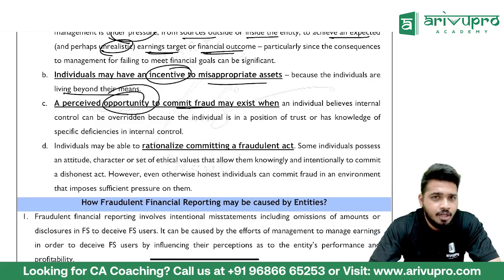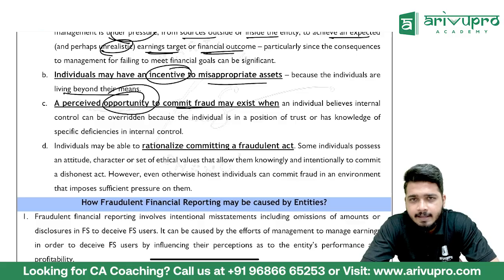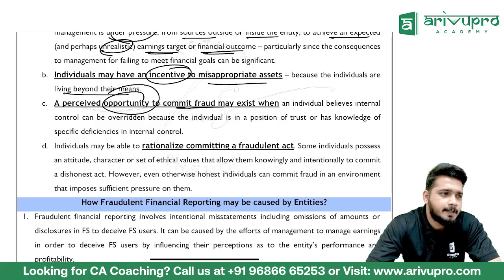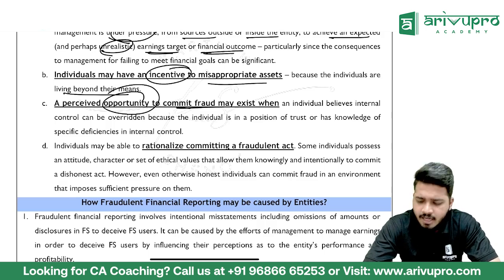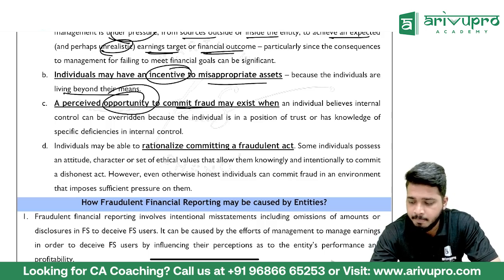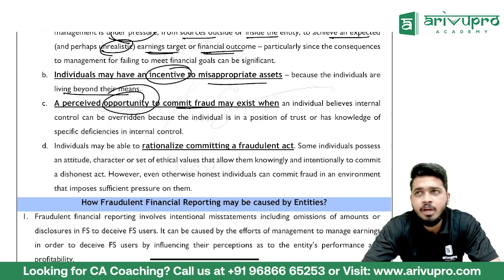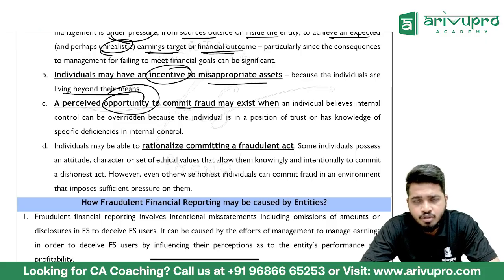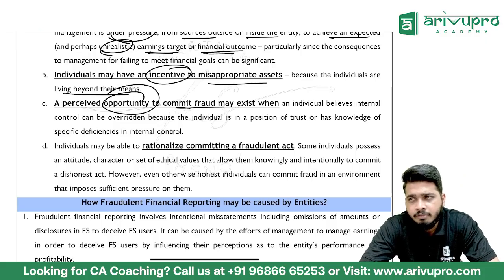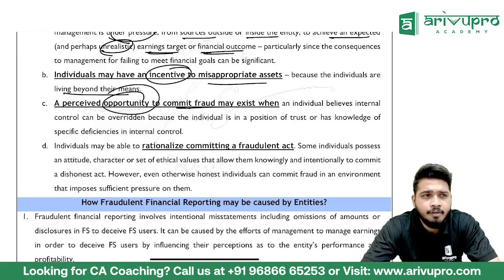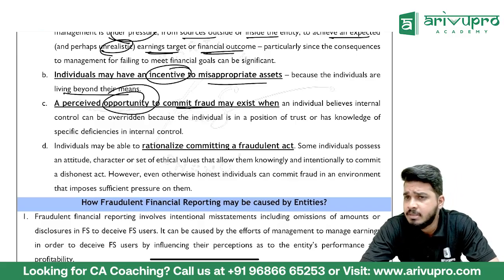Yes, there is an opportunity. So, whenever there is an opportunity, some people will do fraud. So, we need to ensure that these opportunities also should not be there. We should not keep a lot of cash in hand because there is a risk of embezzlement and fraud.